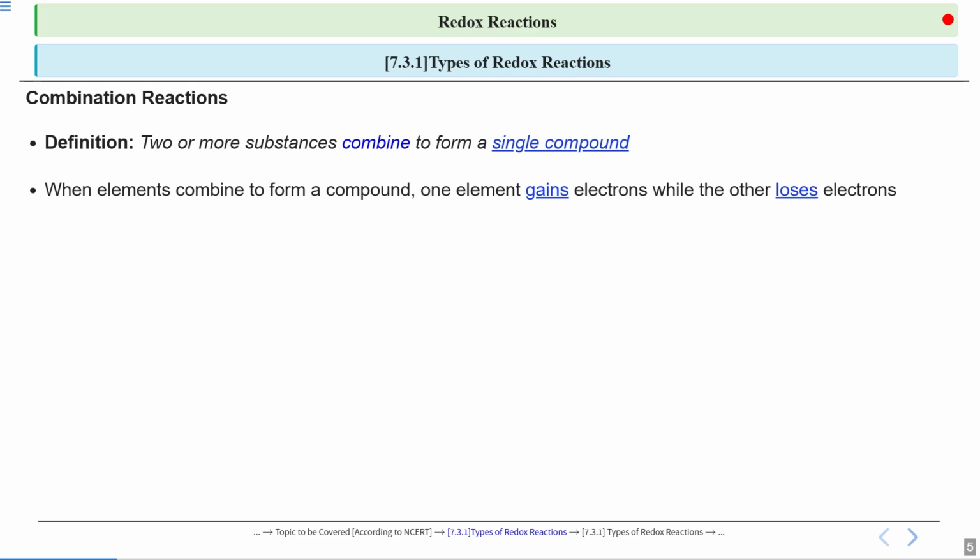Among the reactants, one would lose the electron and the other would gain it. This electron transfer makes the combination reaction a redox reaction.